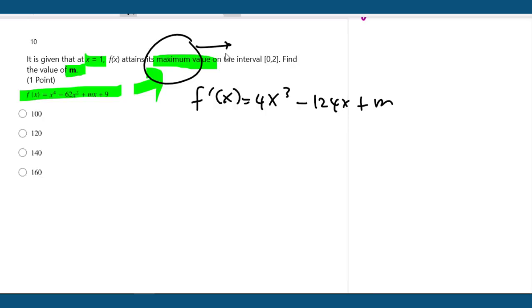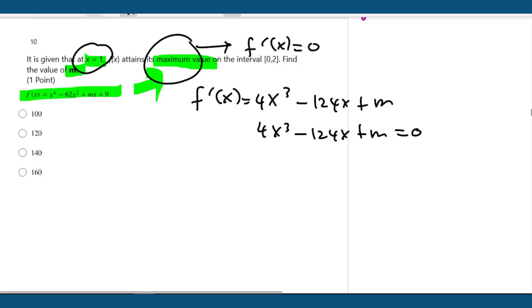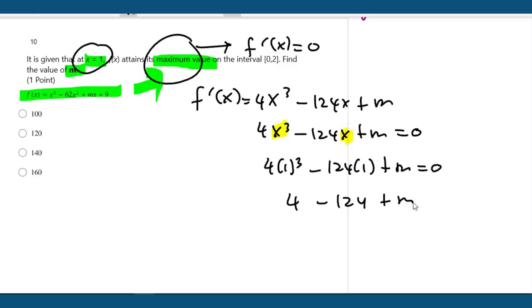For the maximum, f prime of x is equal to 0, so 4x cubed minus 12x plus m is 0. It happens when x is equal to 1, so substitute 1. Then 4 minus 12 plus m is equal to 0, and therefore m is equal to 8.